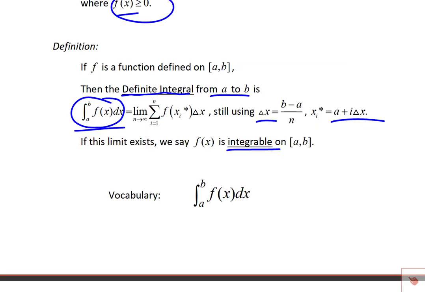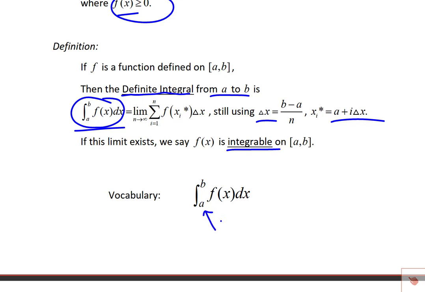Let's pick apart this definite integral notation a little bit more with some vocabulary. As mentioned, it is this elongated, stretched out S-looking figure with a subscript a and a superscript b. Those values are called the bounds or the limits of integration.